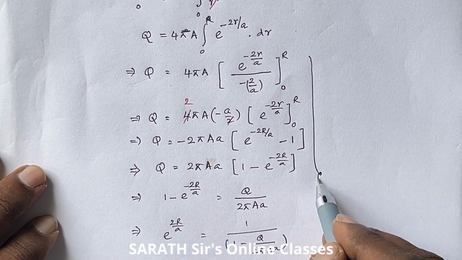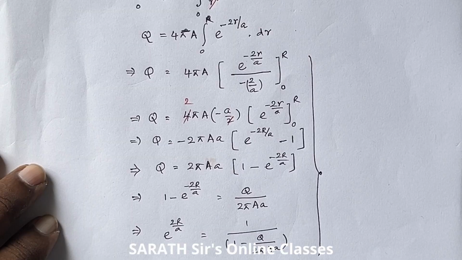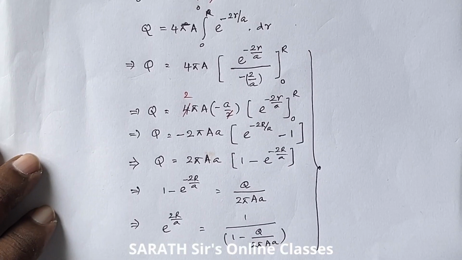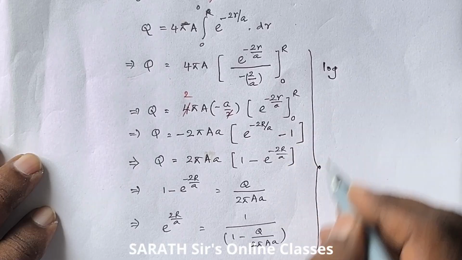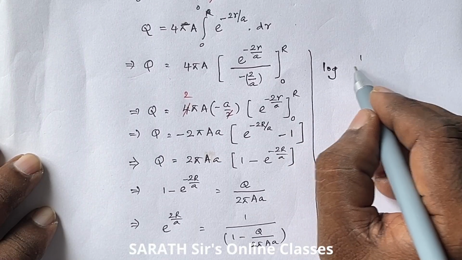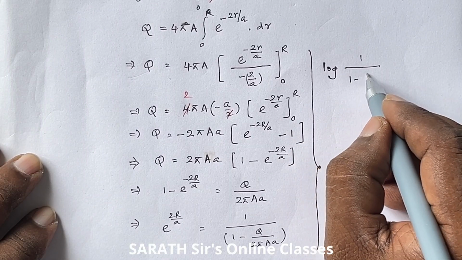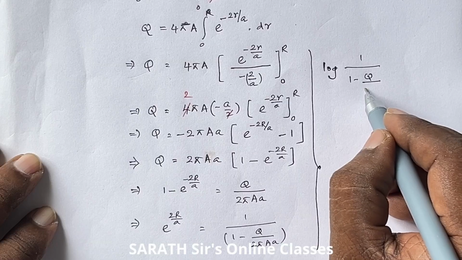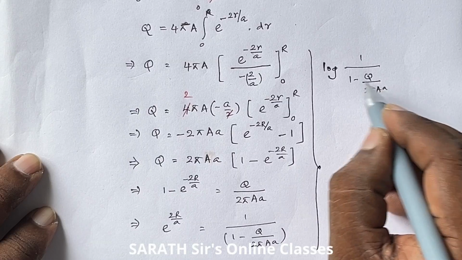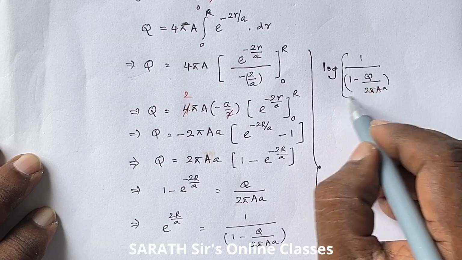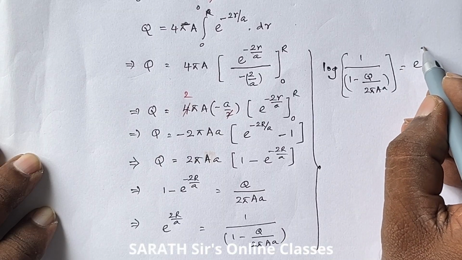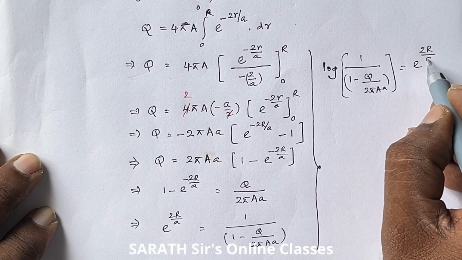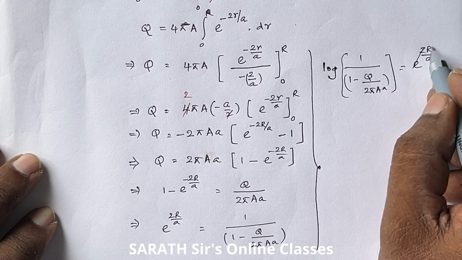By the definition of logarithm we can write like this: log of 1 by 1 minus Q by 2 pi A a is equal to 2r by a. Sorry, e will not be there here.